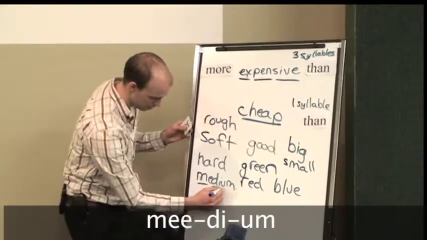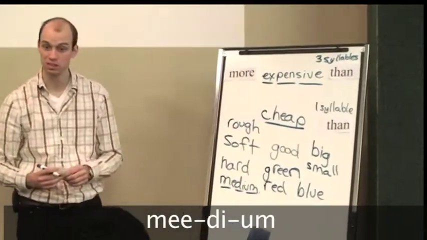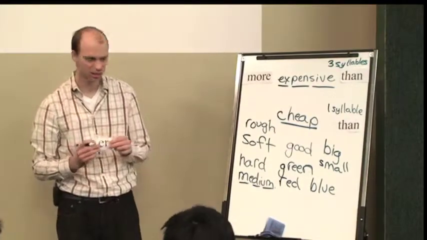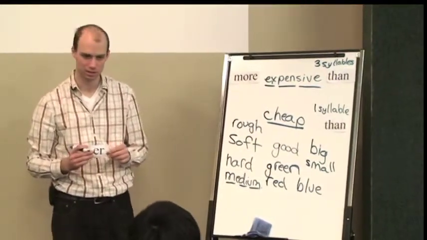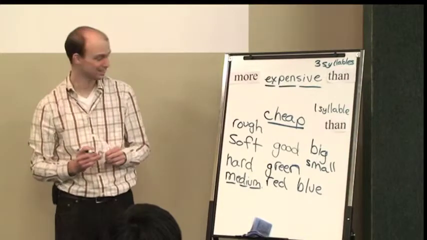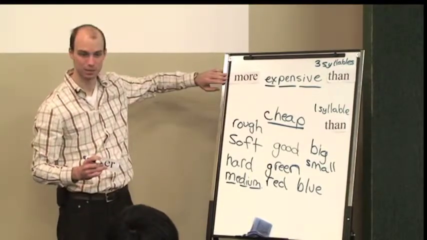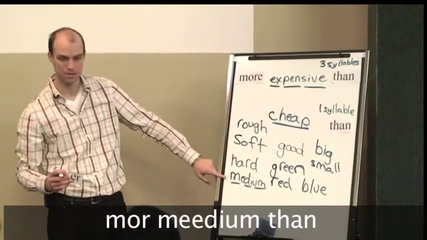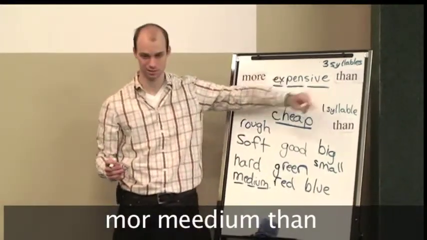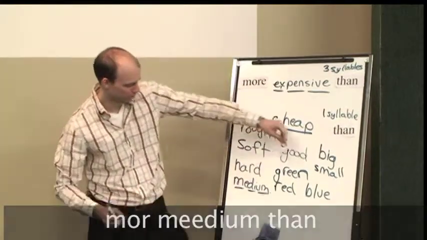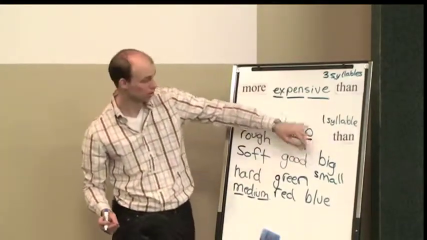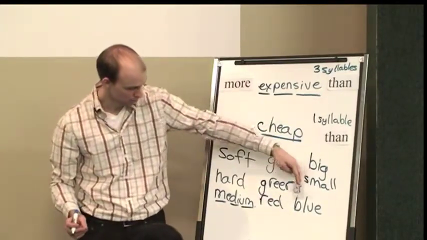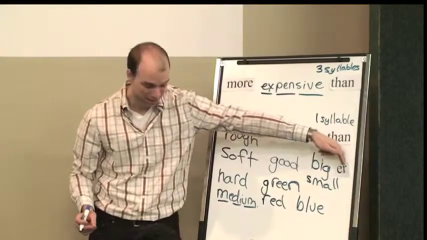Me, di, um, 3 syllables. We can't use ER. So what do we have to say? More medium than. Okay? How about green? ER or more? Greener, redder, bigger.